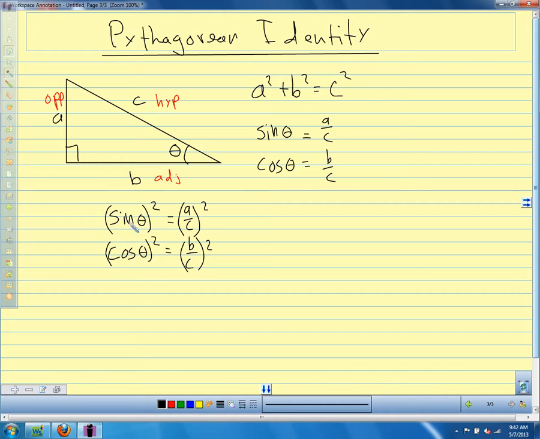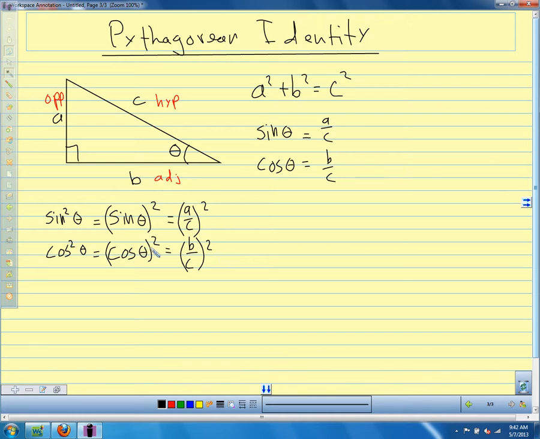Now another way that we write sine squared, just so you know it when you see it, is we put the square right by the sine. So this sine squared is the same as squaring the whole thing. And this would be the same as cosine squared. Normally you'll see it like this. So we're squaring the whole thing.